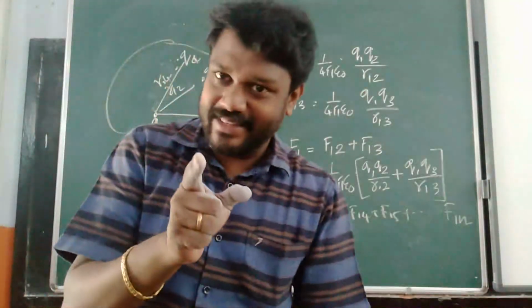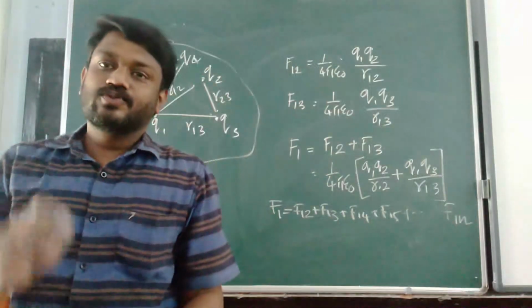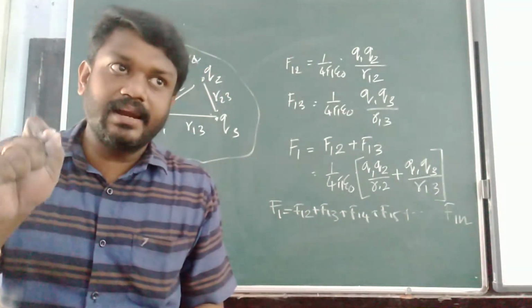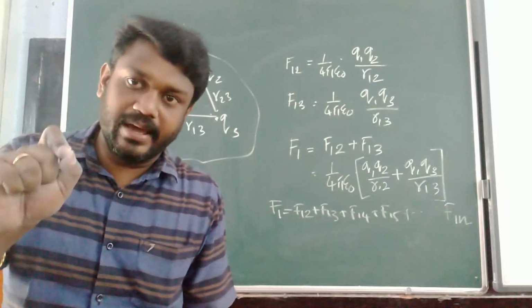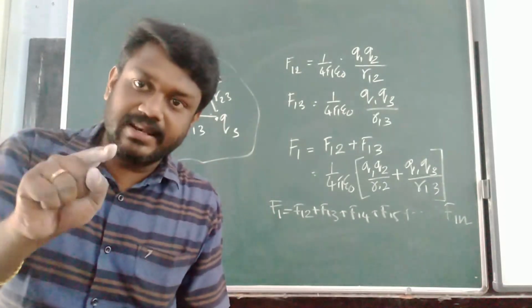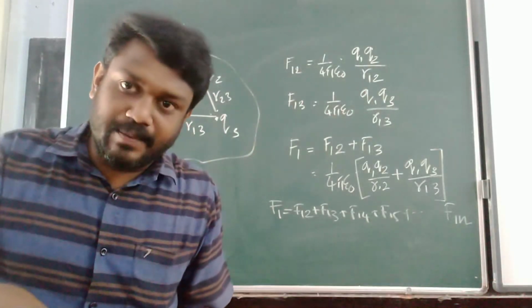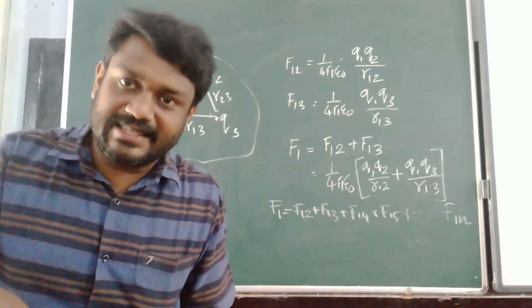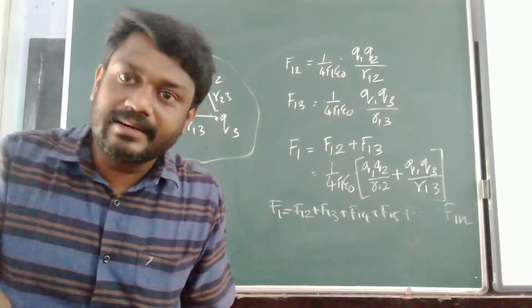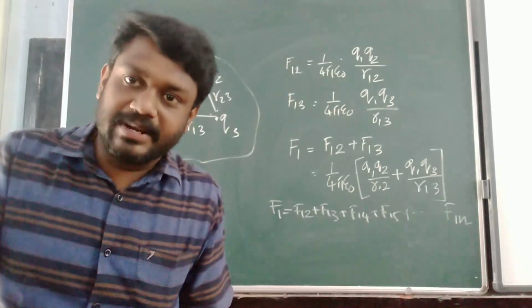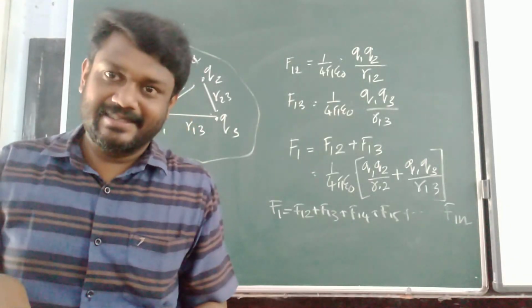Are you getting confused? I repeat, the superposition principle says that the total electric force acting on a single charge within a system of charges is the vector sum of the forces exerted by all other charges irrespective of the presence of other charges.